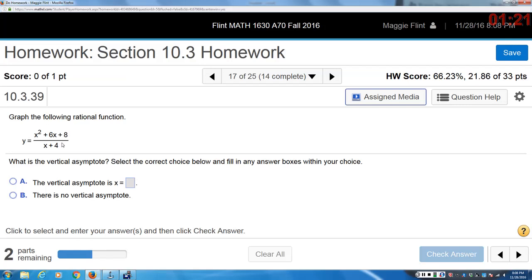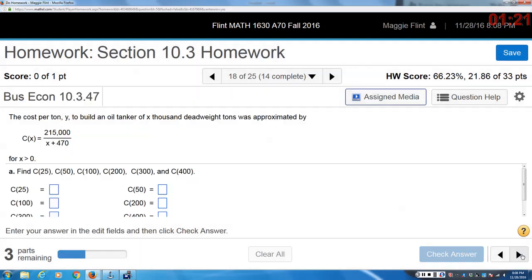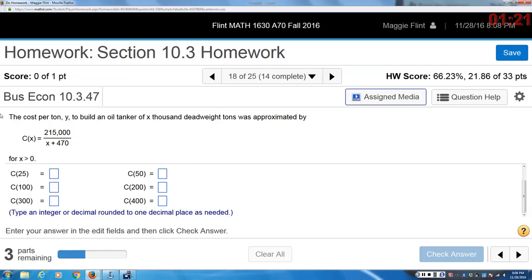This is another one where there may or may not be a hole in the function, or it may have asymptotes. You do it the same way you've been doing the others. All it's asking you to do here is take that function and plug in these various numbers for x.